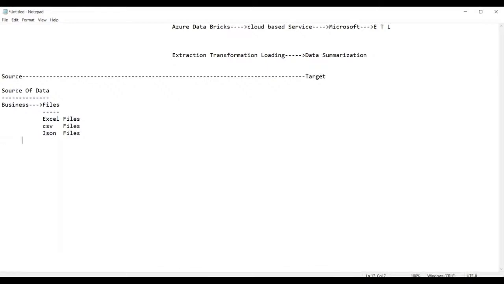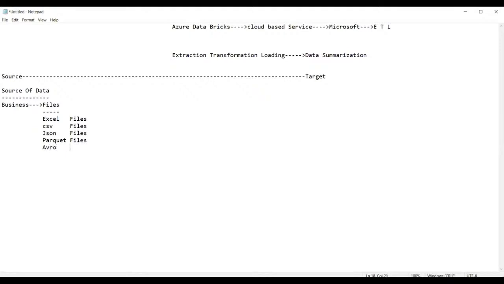And then afterwards, what is it? You have Excel files, CSV files (comma separated value files), JSON files, and Parquet files. Okay, guys, you have the Parquet files, and then you can have what?